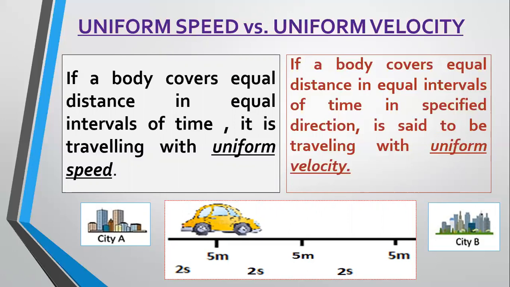And since there is no change in direction of motion, thus velocity will be equal to magnitude of speed. So in this example, the motion of car was uniform throughout the journey with respect to speed and velocity.